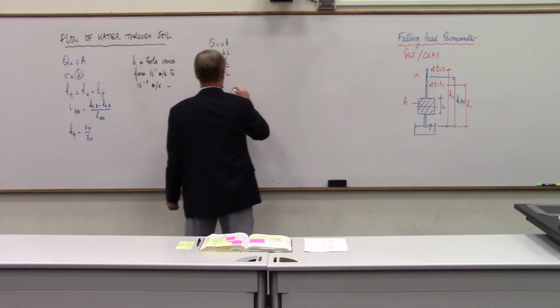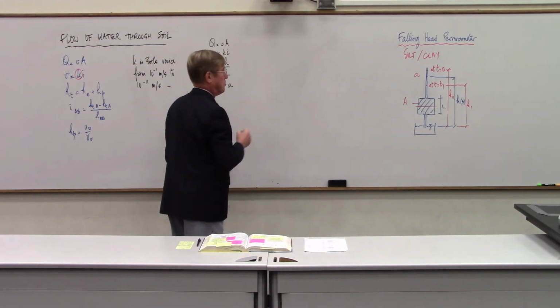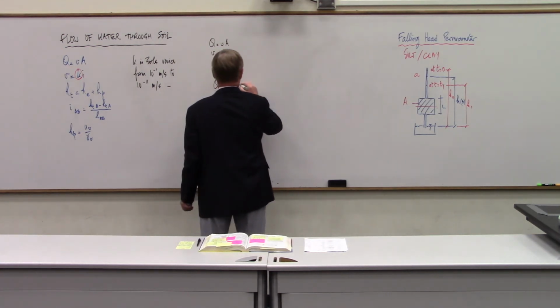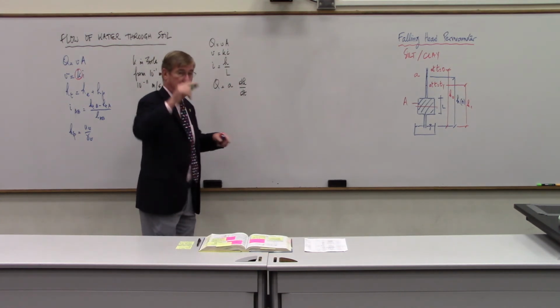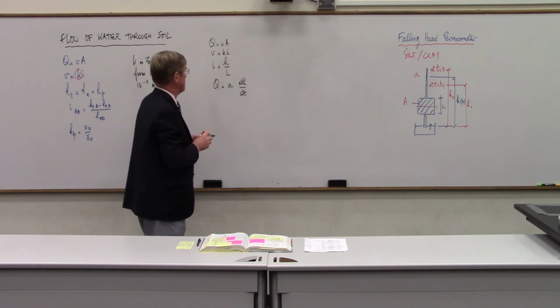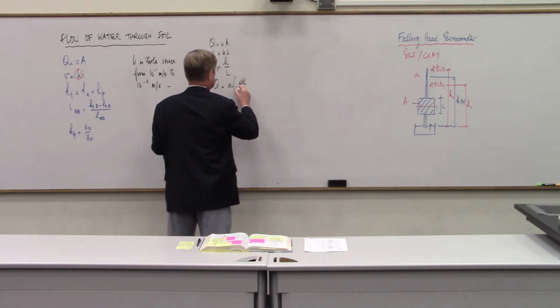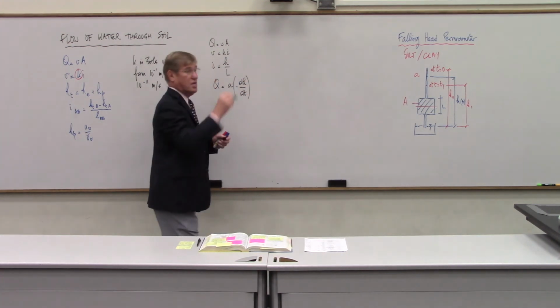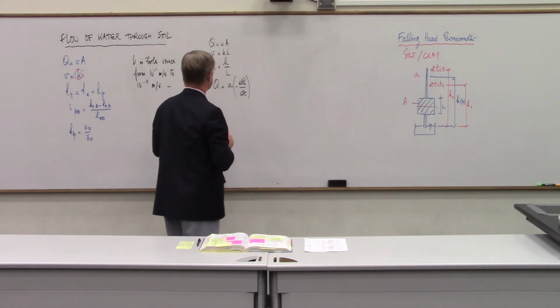So this one is going to be A times the drop, which will be dH, and then divided by dt, because the volume is the area times the elemental drop of water level as a function of time. And then I got to put a minus in here because dH is negative. So for the flow to be positive, I got to put a minus in here.